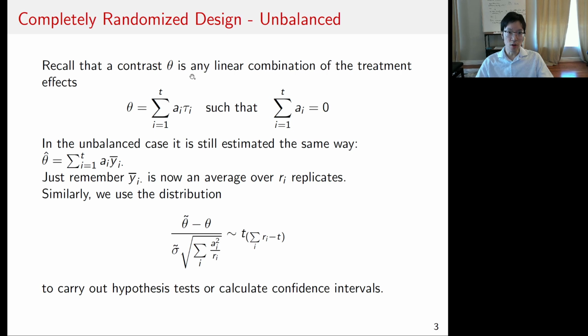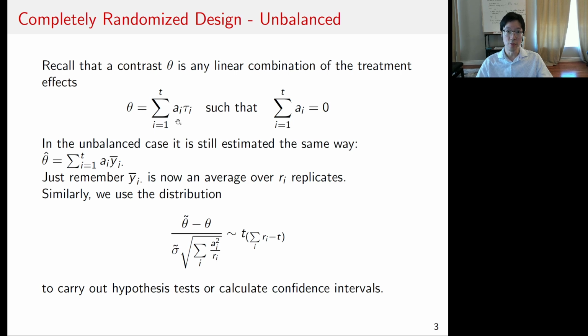So it's simply constants times treatment effects, depending on which treatments or set of treatments we want to compare within that contrast. The key thing is we're only testing one linear combination at a time using a contrast.